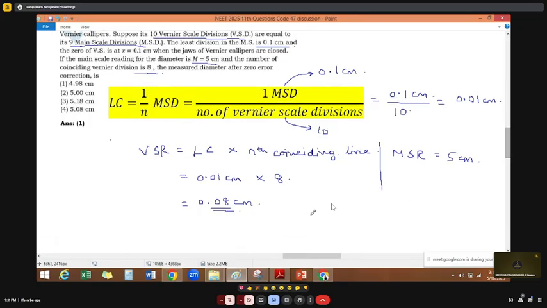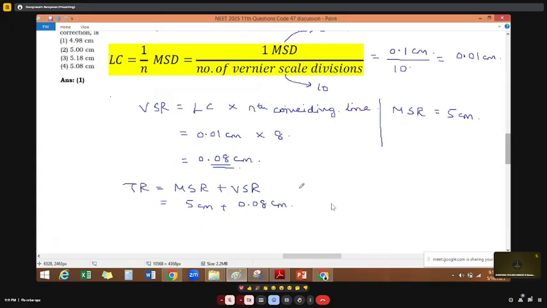So if you don't have a zero error, the total reading is equal to MSR plus VSR, which is equal to 5 centimeter plus 0.08 centimeter, which means 5.08 centimeter.